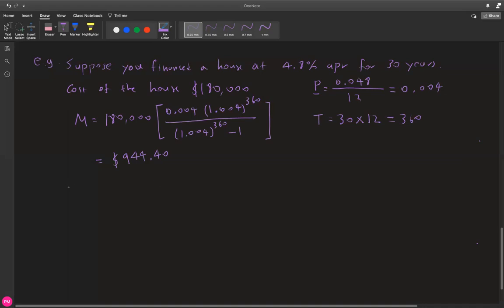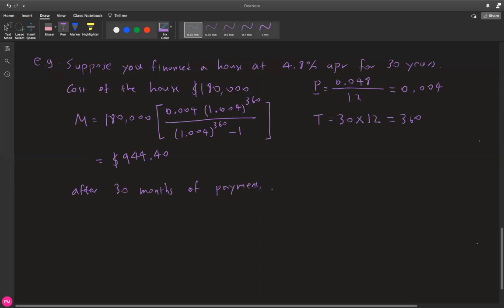Now, suppose after 30 months of payment, let's say the offer got better, the APR got better.